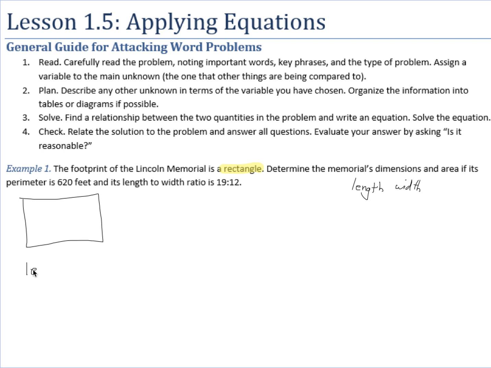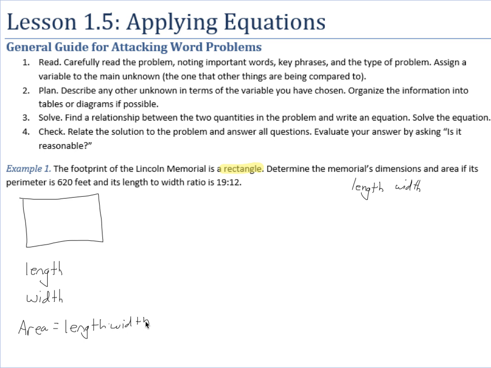So maybe I should have written down here, we're going to want to find length. We're going to want to find width. We know that area is length times width. So that's going to be important. That's part of what we're finding.